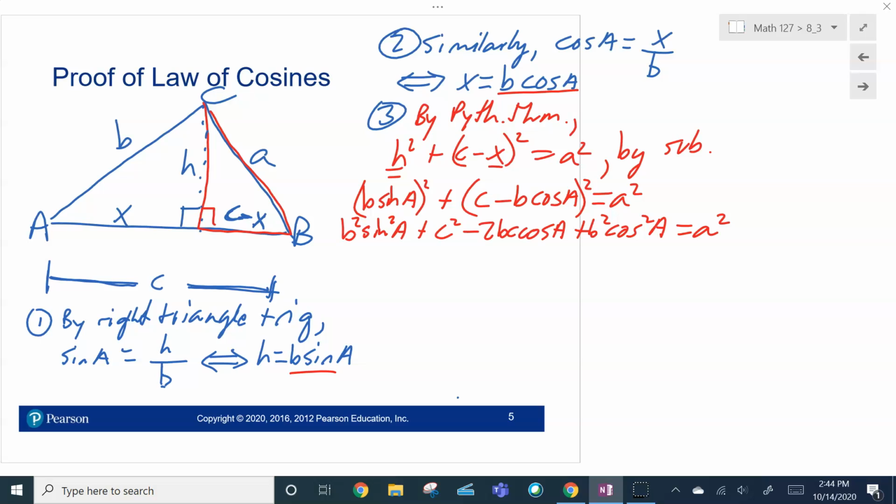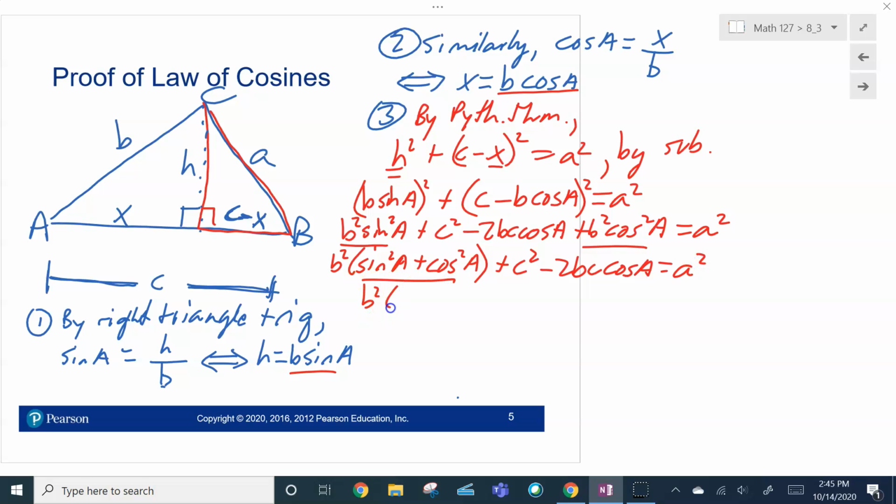Okay. Now notice these terms both have a b squared I can take out, and I'm left with sine squared plus cosine squared. And we know by the Pythagorean identity, that's 1. So I got b squared times 1 plus c squared minus 2bc cosine A equals a squared.